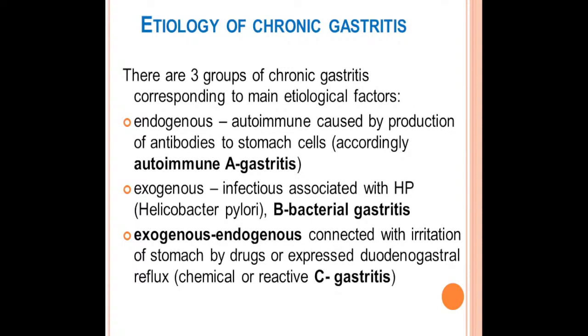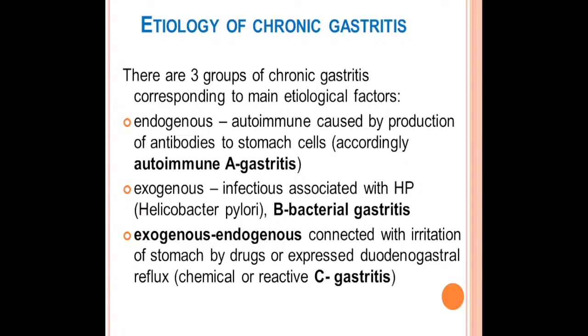Maybe endogenous etiological factors: primary autoimmune diseases, for example inflammatory bowel diseases, rheumatoid arthritis, idiopathic arthritis, dermatomyositis, lupus erythematosus, or any autoimmune diseases may be complicated with chronic gastritis, and we name this autoimmune gastritis, or A gastritis.